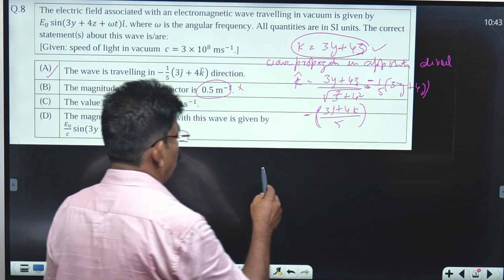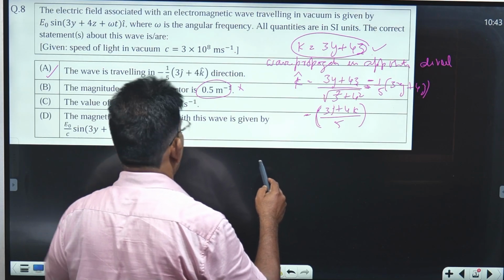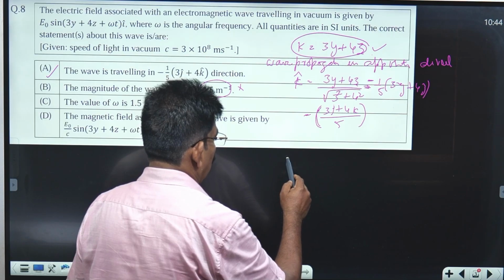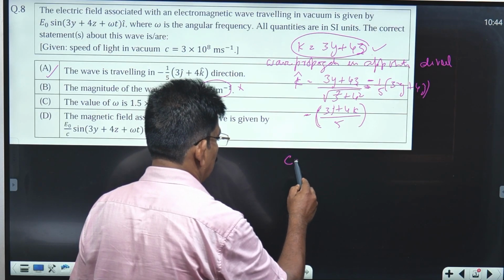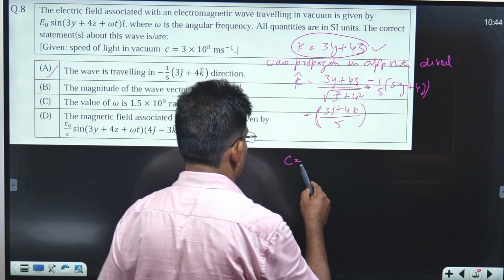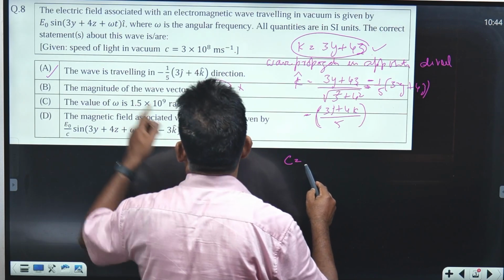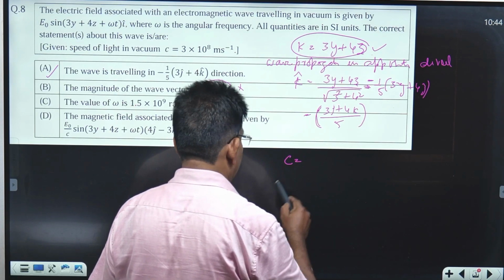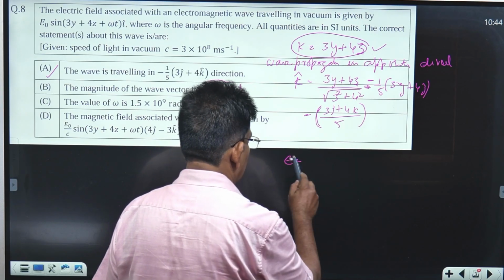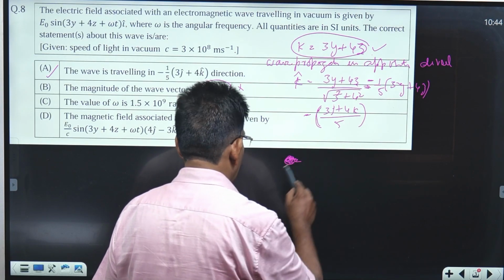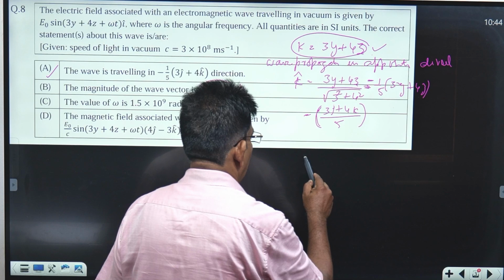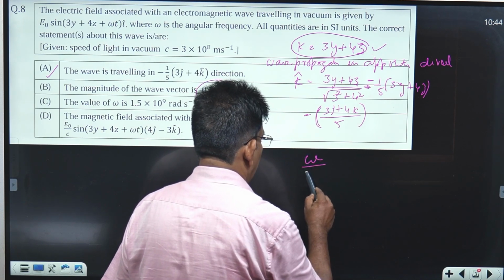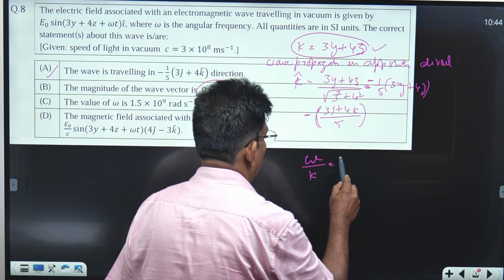I already told you the value of omega. We know the wave velocity is equal to electric field vector by magnetic field vector. That is omega by what? Magnitude of omega by magnitude of wave vector will give the wave velocity.